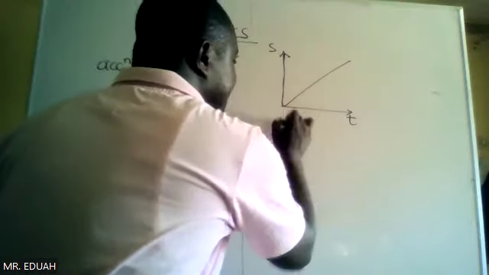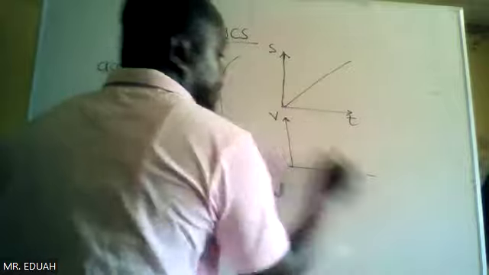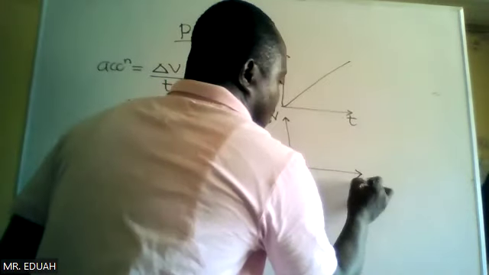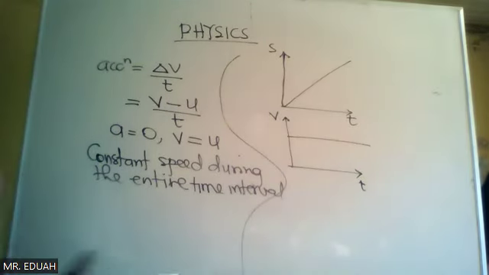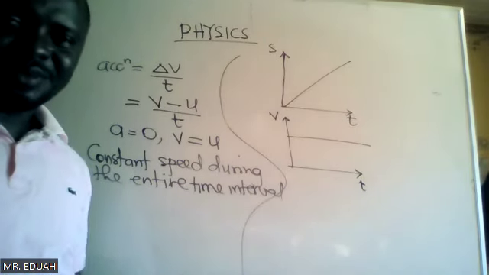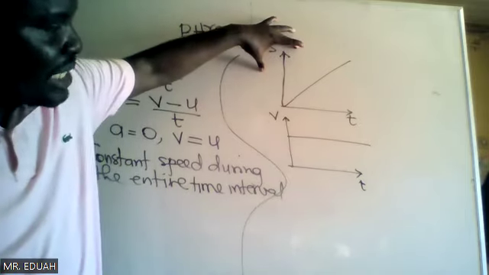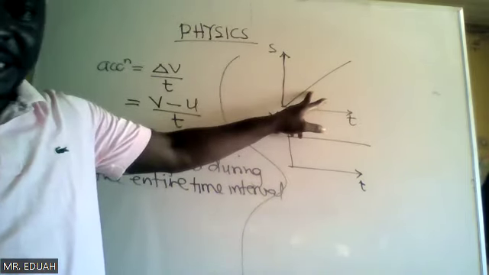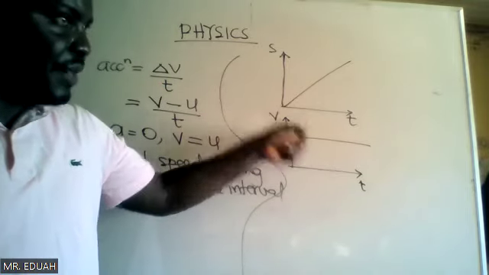For the velocity time graph, constant speed must be this.